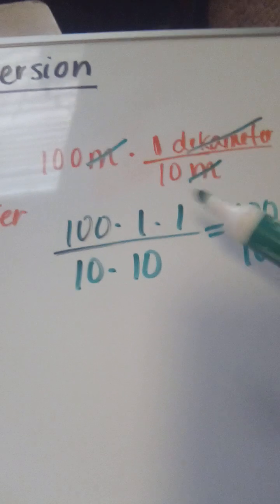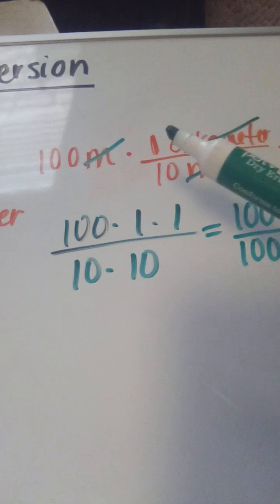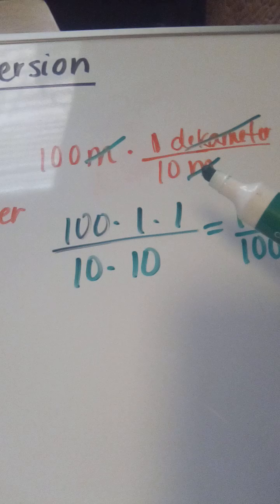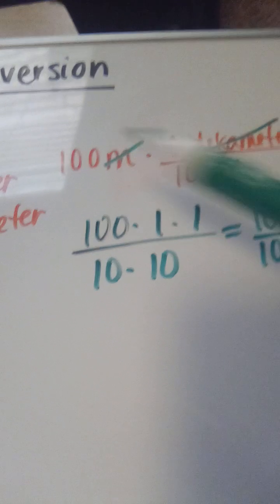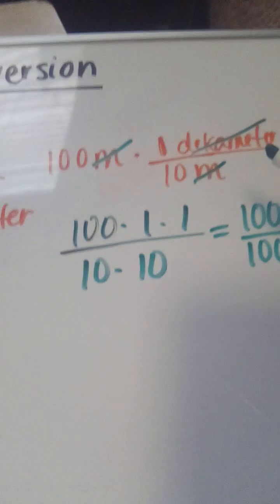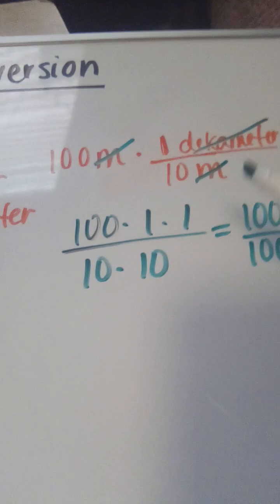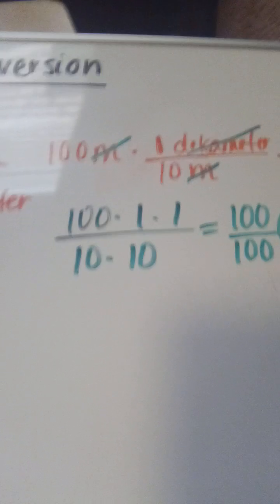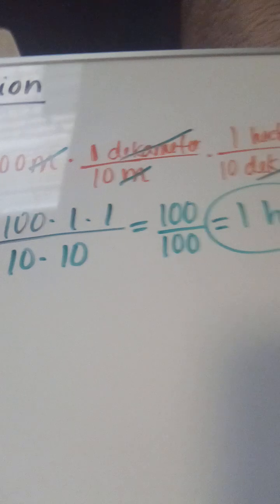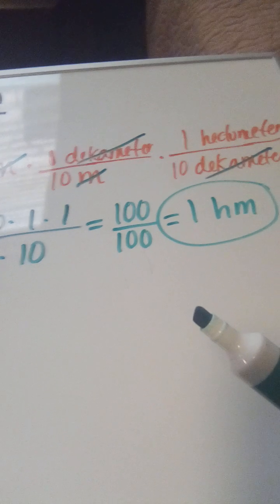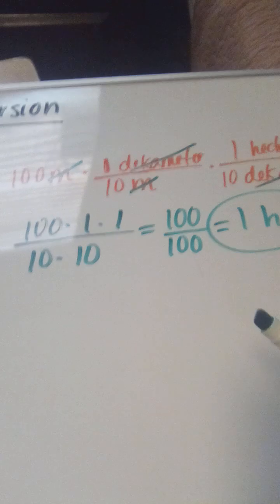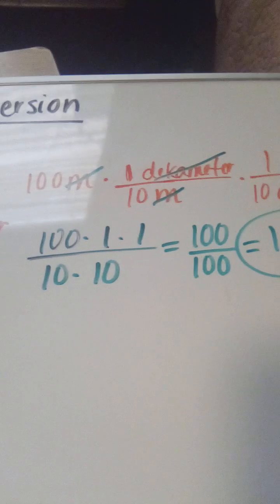The reason I did it like this, with the numerator smaller than the denominator, is because when you're doing the multiplication and crossing out, it will even out. Same thing with times 1 hectometer over 10 decameters. Cross out the metric units.